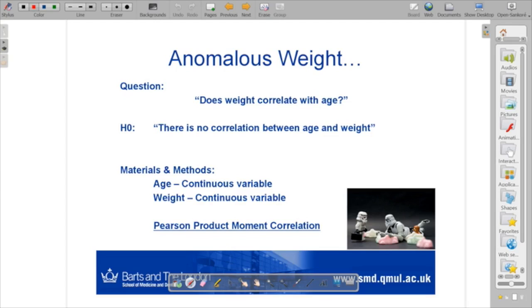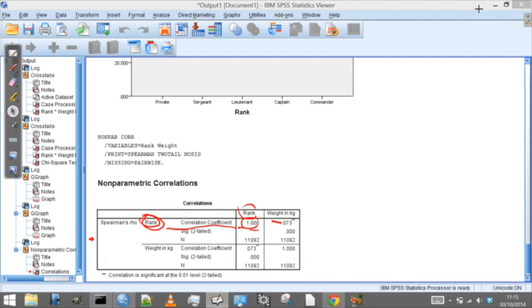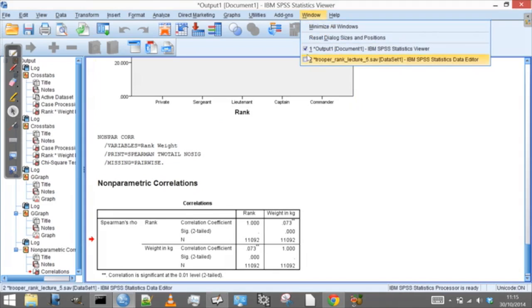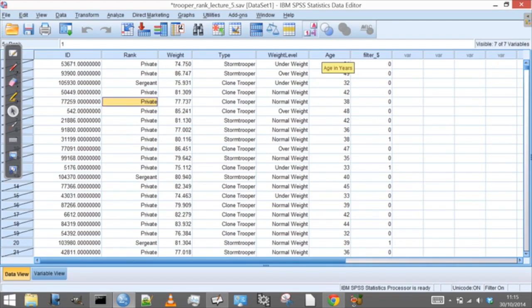So we can go back into our software and look at this, because you may have noticed earlier that we had age in our data set. If we go back to the data set window, you'll see this column here, age.